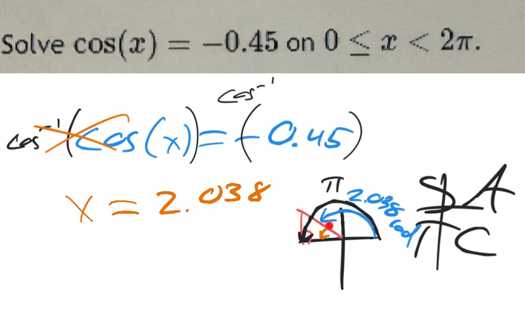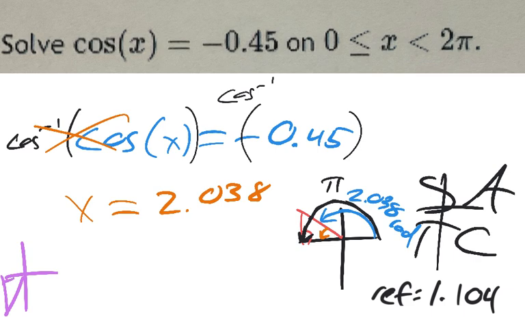So to find this portion, it would be pi minus 2.038. That would give me that reference angle, 1.104. So the reference angle is 1.104.